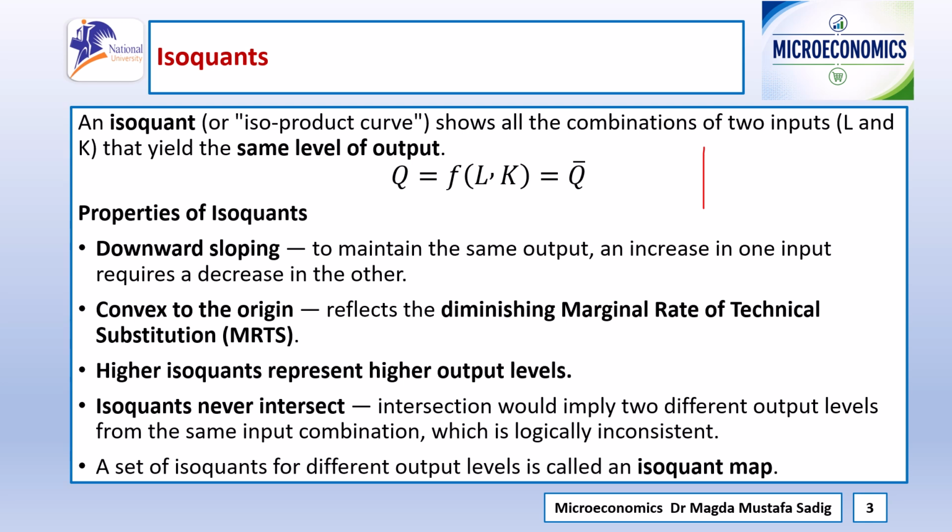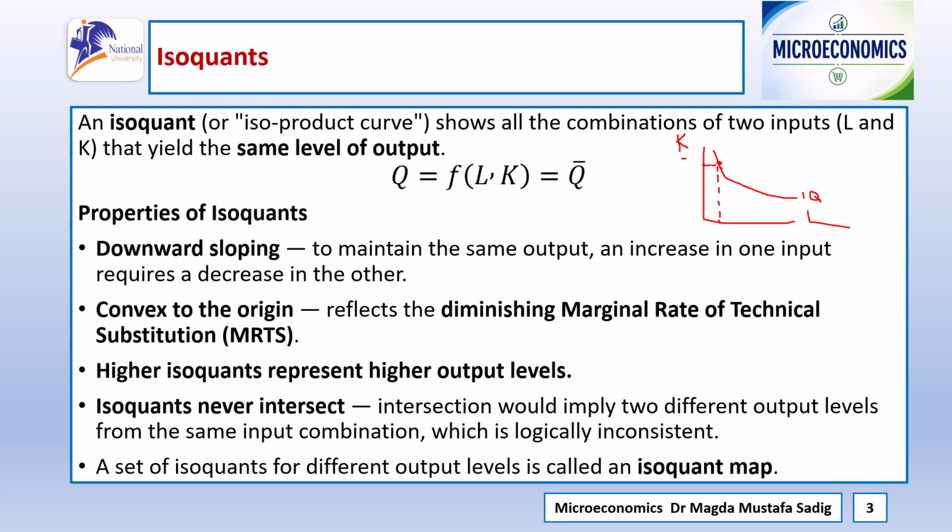If this is the y-axis and this is the x-axis, let us assume that we put the K on the y-axis and the labor on the x-axis. So this is an isoquant. And we have different combinations of labor and capital.